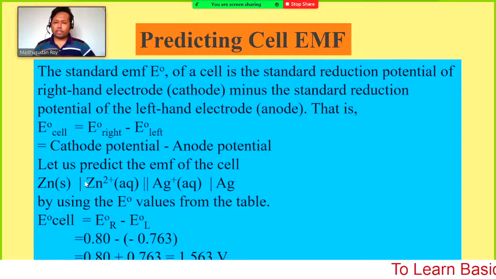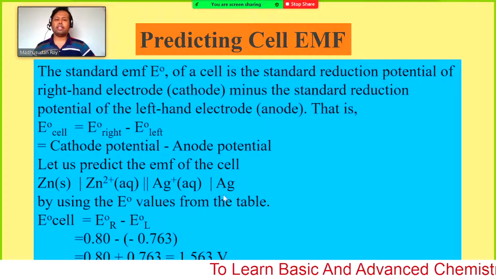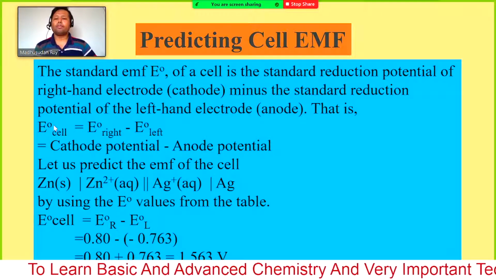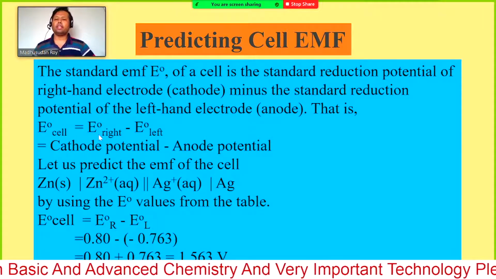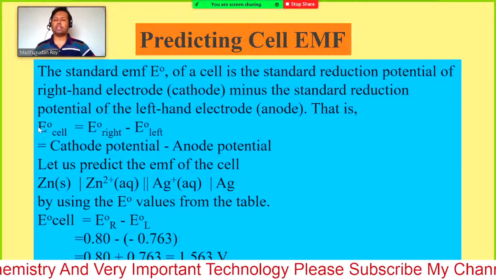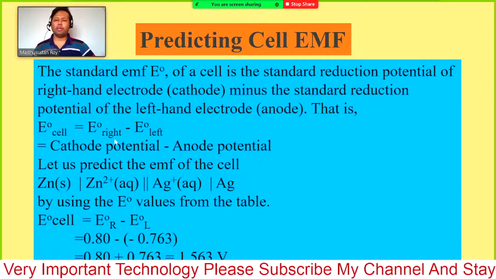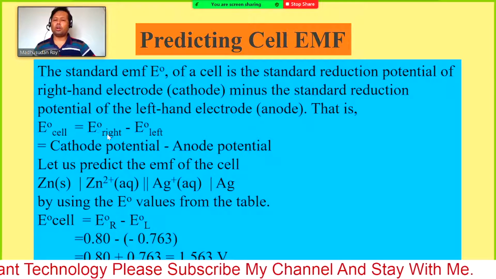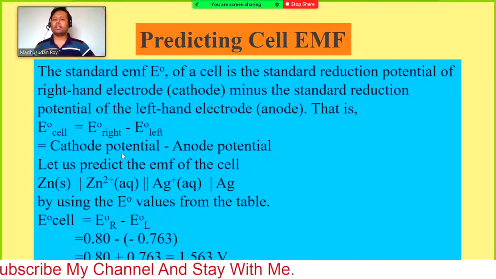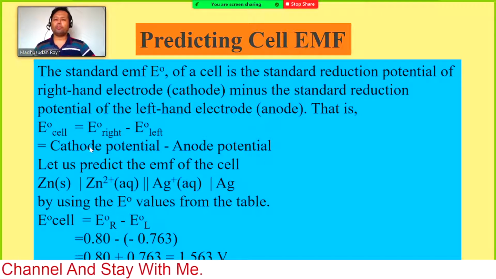So if we consider this our left hand electrode and this our right hand electrode, we will find the cell EMF: E cell equals E naught cell, the standard EMF of the cell, equals E naught right minus E naught left, or here we have cathode potential, that means reduction potential at cathode minus the reduction potential at anode.